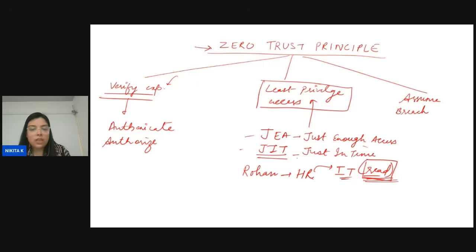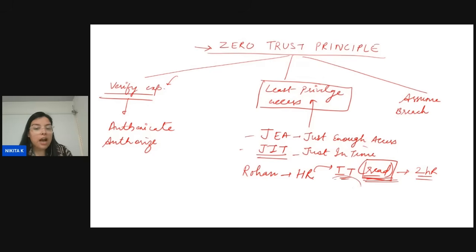Second, just in time. Let's say he needs to work for 2 hours. So the access also should be given for 2 hours, not for lifetime. Now you might be wondering why we can't give lifetime access. Why?